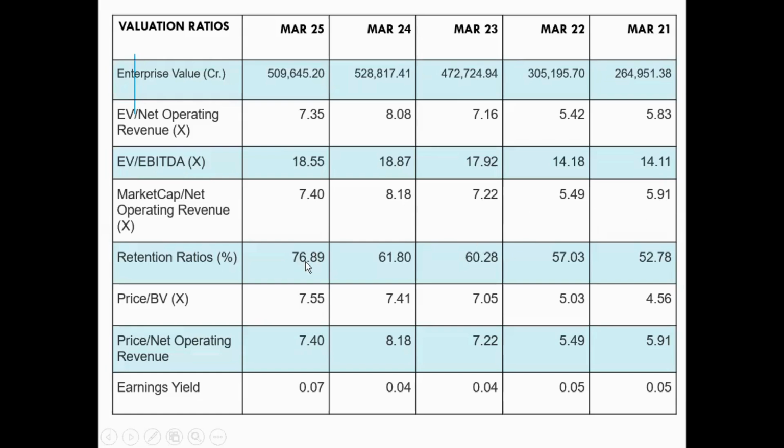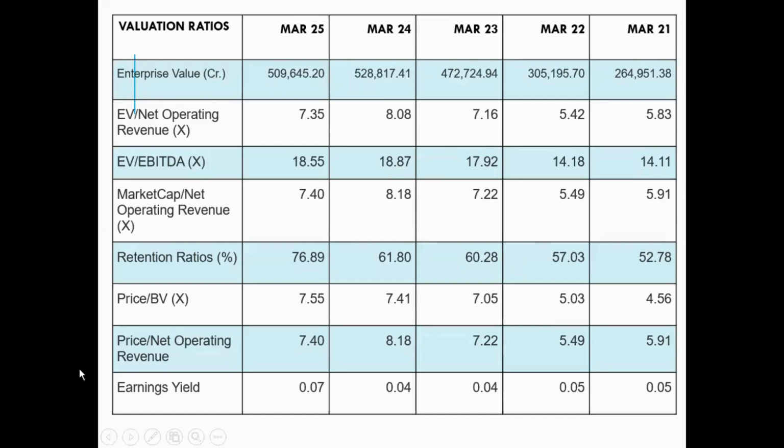Retention ratio is 76.86, 61.80, 60.29, 57.03, 52.78. Price to book value ratio is 7.55, 7.41, 7.05, 5.03, and 4.56.